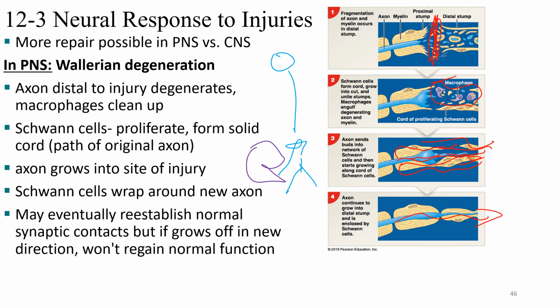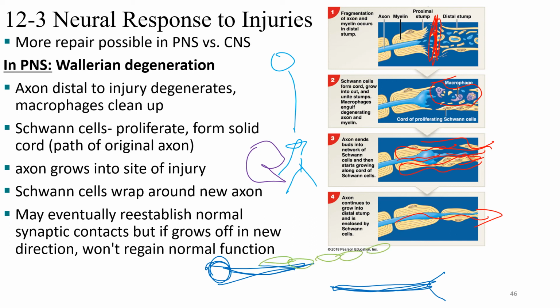Surgery, though, is sometimes performed to fix this. So say we had a peripheral nerve injury, an injury here where the two ends of the axons are not in the right orientation for those Schwann cells to form a cord.